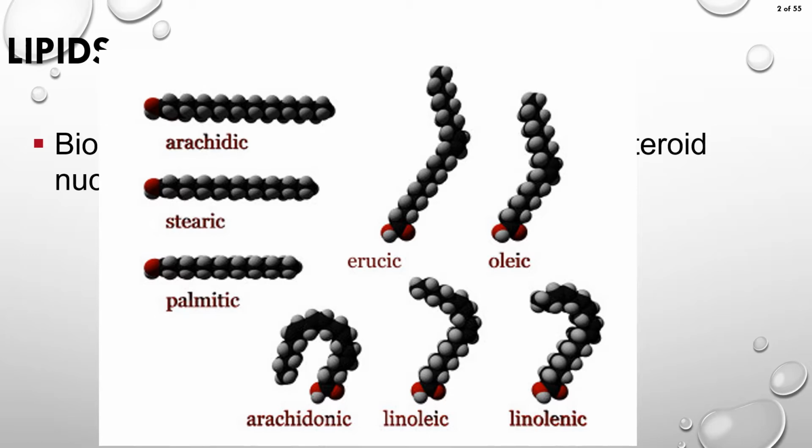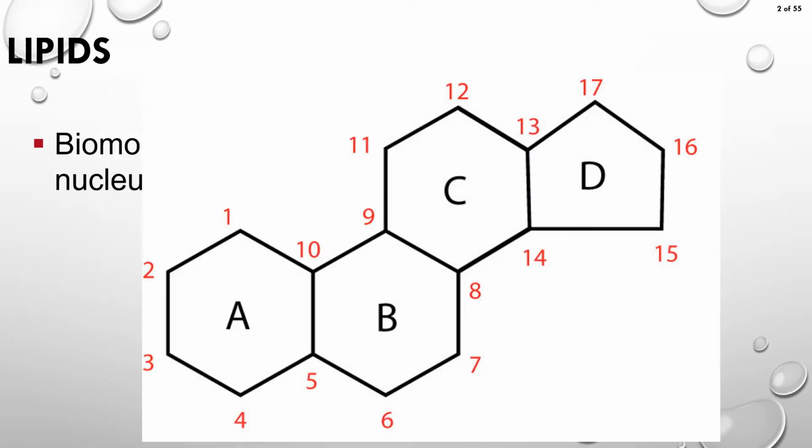Now, an example of a molecule of steroid. This is a steroid nucleus. As you can see, steroid nucleus has tetracyclic skeleton. Tetracyclic meaning four rings.